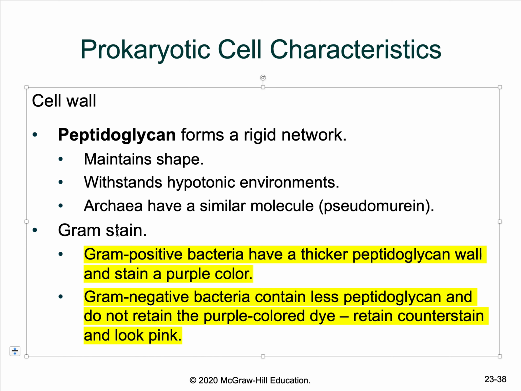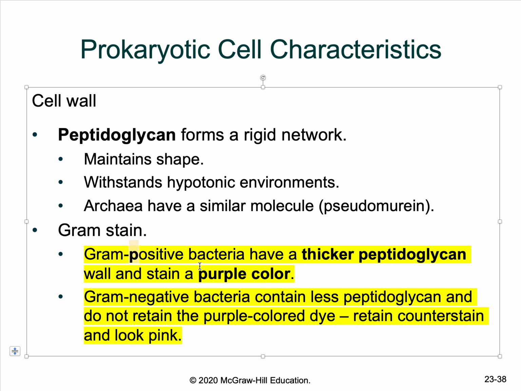Gram-positive bacteria have thicker peptidoglycan, and they stain purple. So if you remember, P, positive, purple. Gram-negative has less peptidoglycan, and it's going to be pink.